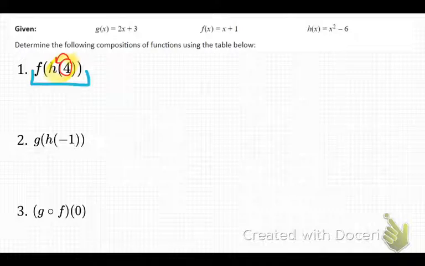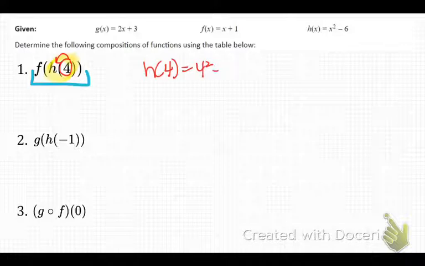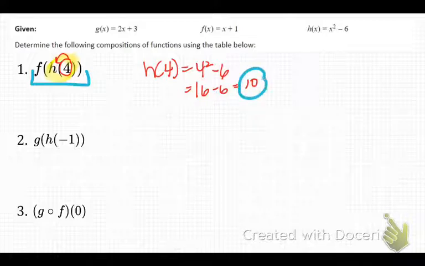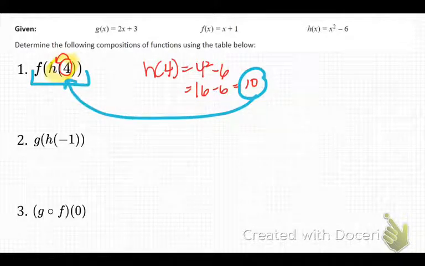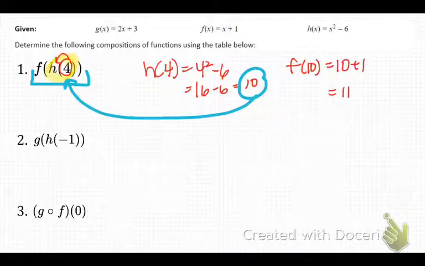So this would be H of 4 equals 4 squared minus 6. Like that. And now this answer is H of 4, so that gets plugged into my F function. So now I have F of 10 equals 10 plus 1, which is 11, right?